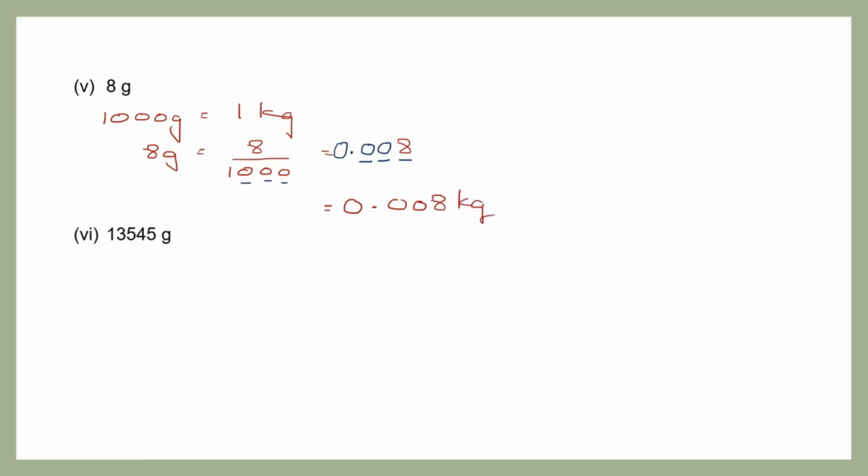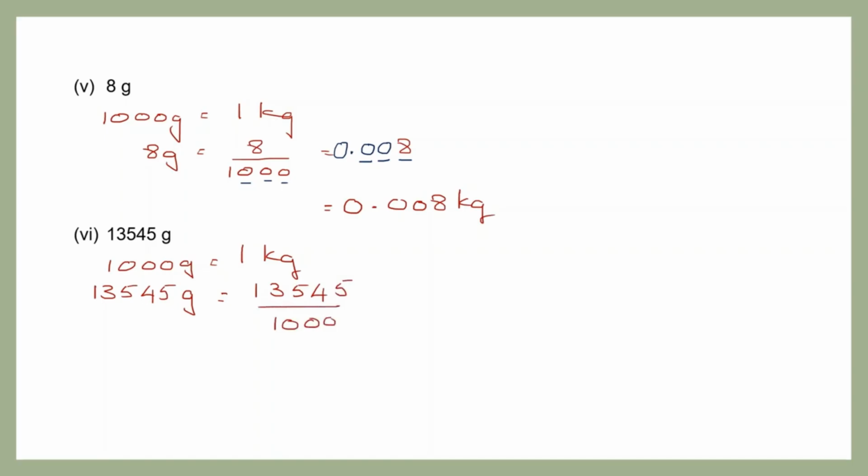Sixth one, 13,545 grams converted to kilograms. So start this way. 1000 grams make 1 kilogram. So 13,545 grams will make how many kilograms? Let's divide that by 1000.